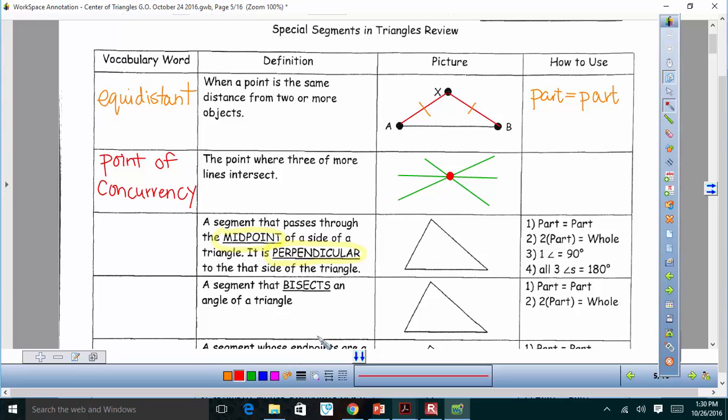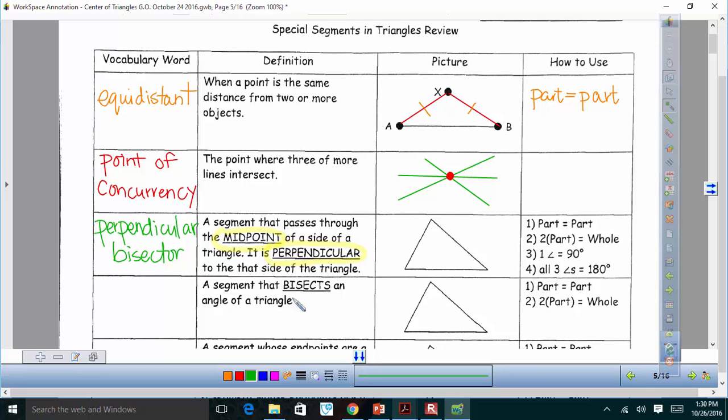Which one fits both of those? What? Perpendicular bisector. Okay, so we want to draw all the perpendicular bisectors.